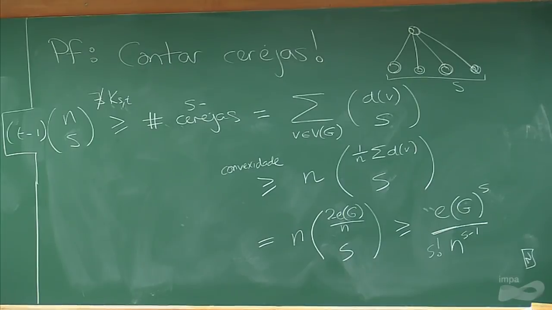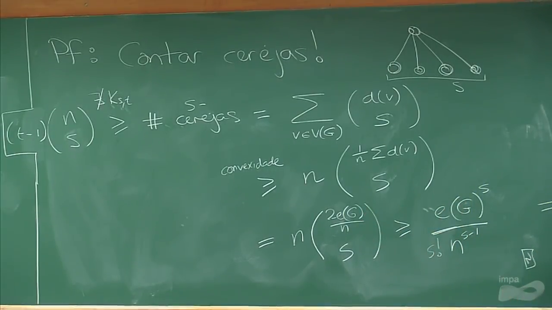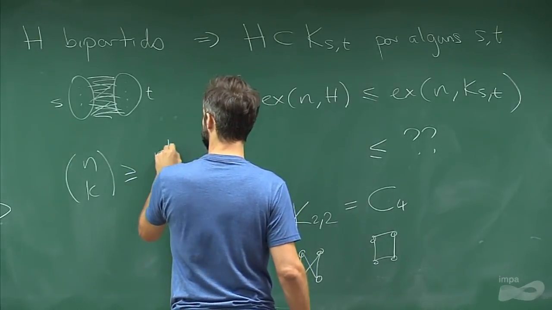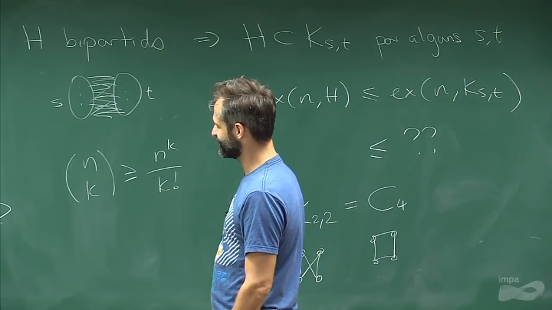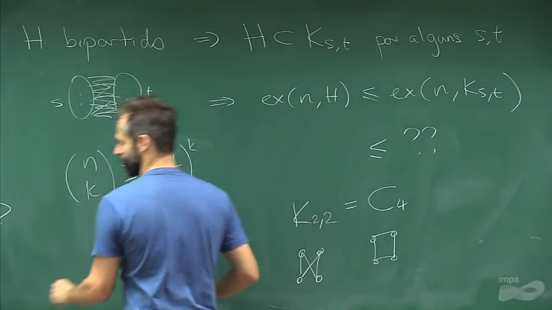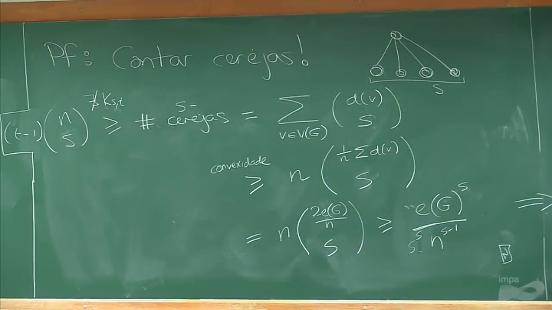So I use that n choose k is at least n to the k over k factorial, or n over k to the k. I don't care about constants.